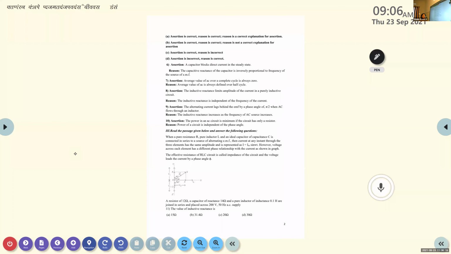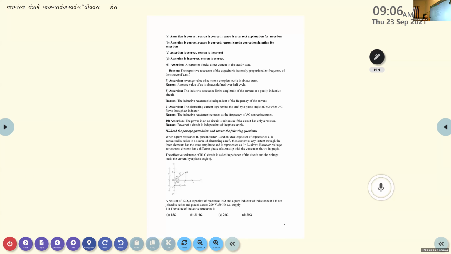Power in an AC circuit is minimum if the circuit has only a resistor. What do you think? It is something that is related to the LCR circuit.